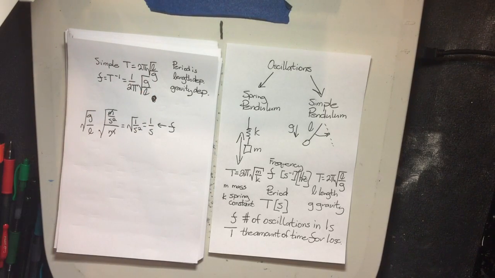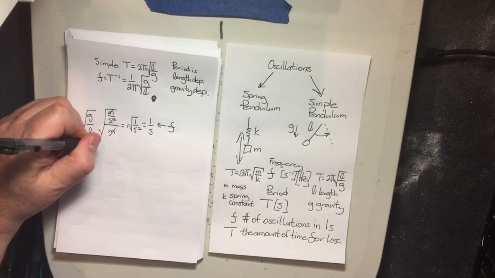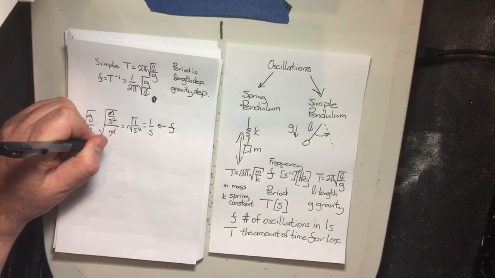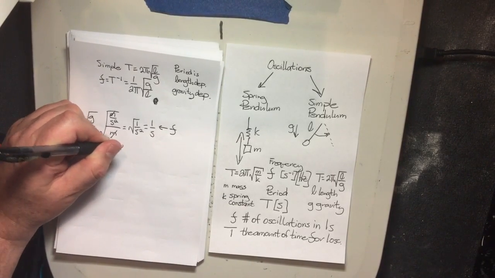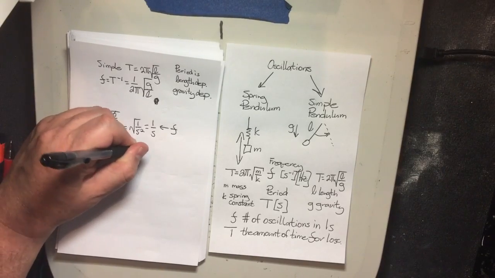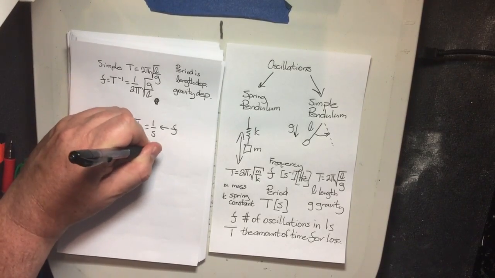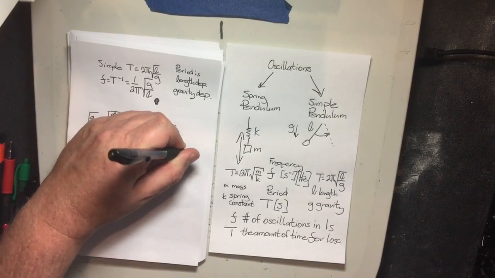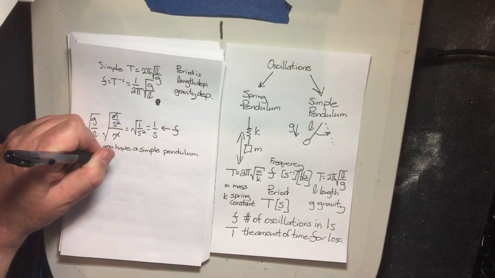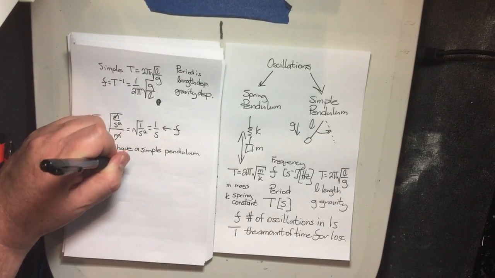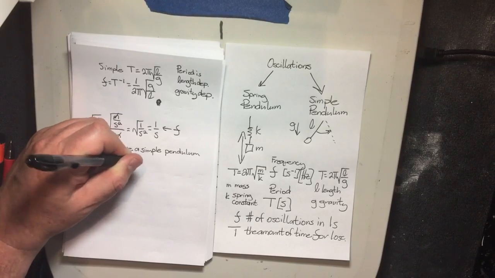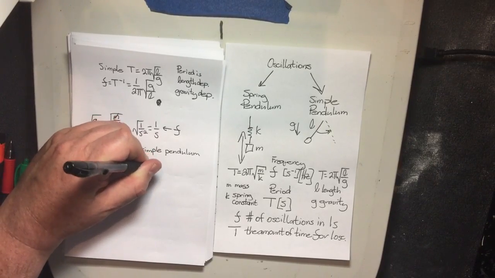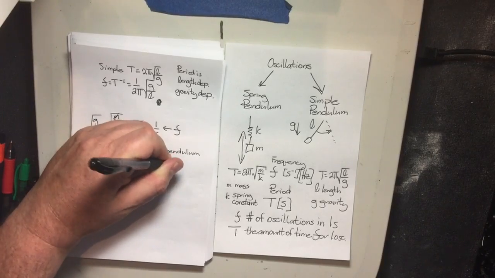Now, one of the things we can look at, and this is a question that shows up on multiple choice tests: you have a simple pendulum, and you quadruple the length.